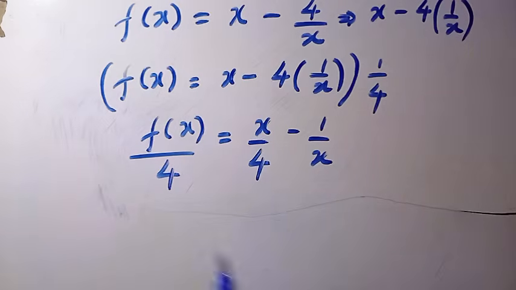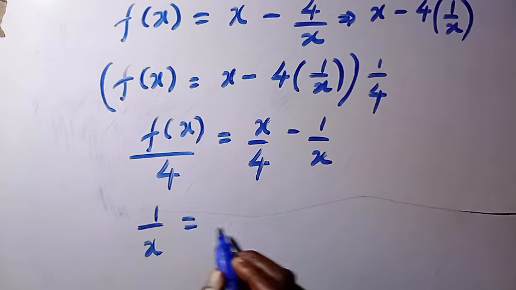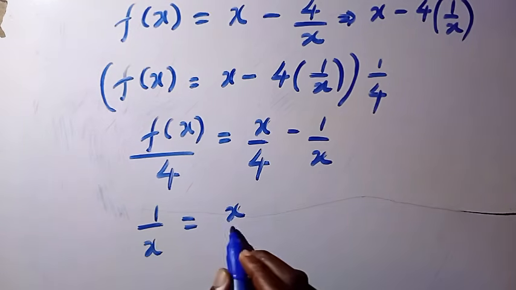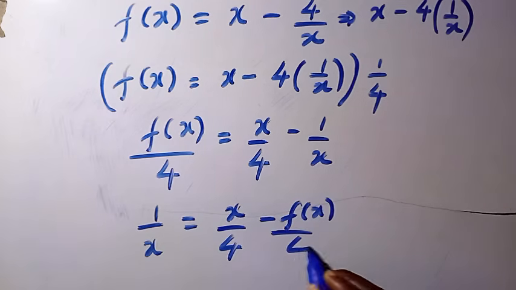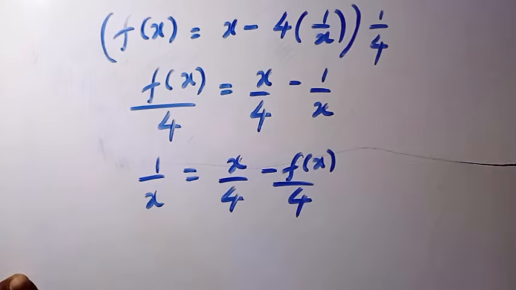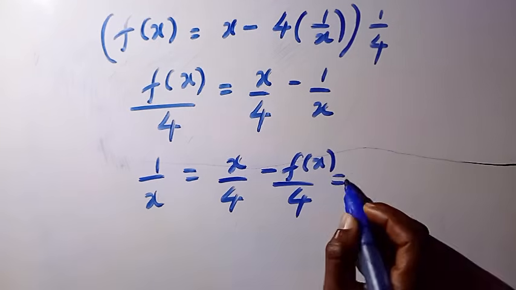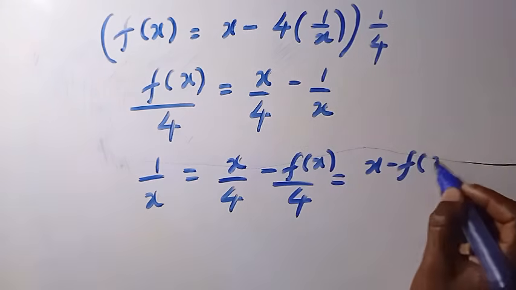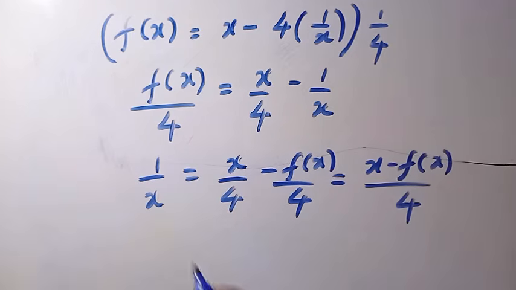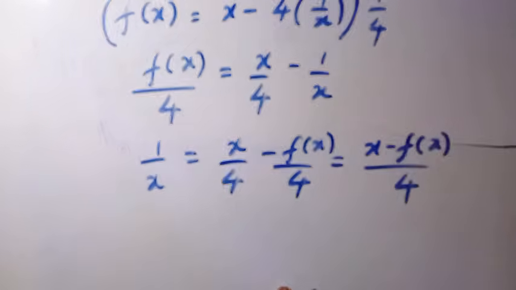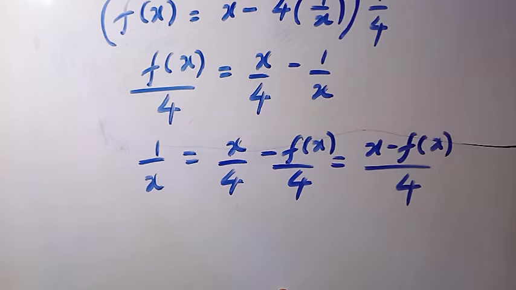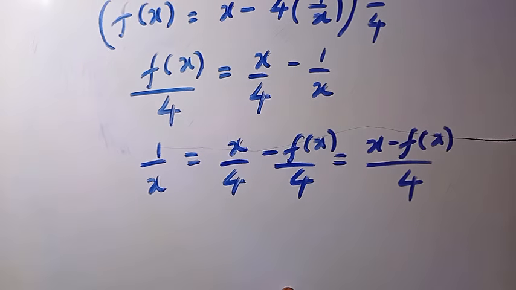So if I make only 1 over x the subject, we have 1 over x equals x divided by 4 minus f of x divided by 4. And you can also write this as x minus f of x all divided by 4. This is for 1 over x. And after getting this, suppose again that from f of x equals x minus 4 over x, we try to substitute for 4x.